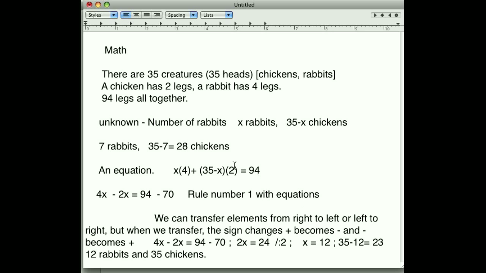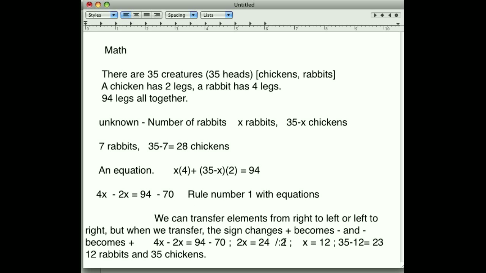And the second step was to solve the equation, and we used two rules. One rule was moving elements from right to left or left to right. In this case it was from left to right. And we know that the element changes the sign.